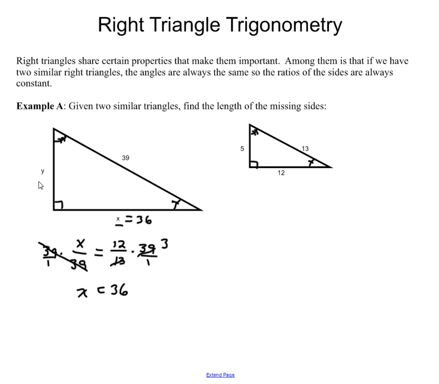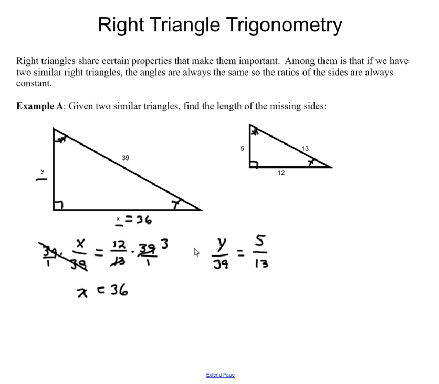Now we can say the same thing about the length of side y. Y divided by the length of the hypotenuse, in this case 39, is equal to 5, the length of this side right over here, divided by its longest side, 13. These two ratios must be alike. Right?